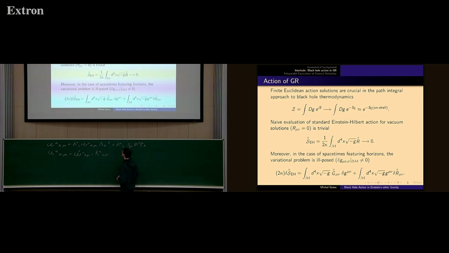In such a case, we usually define the partition function in terms of the path integral as follows, where there's this pesky, highly oscillating functional there.